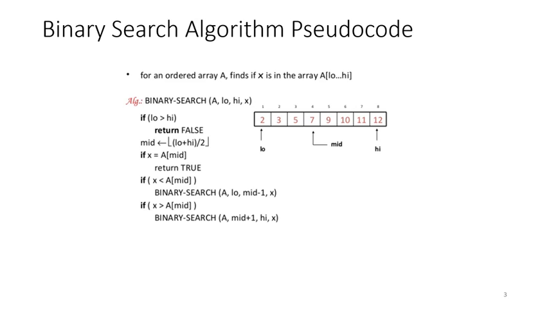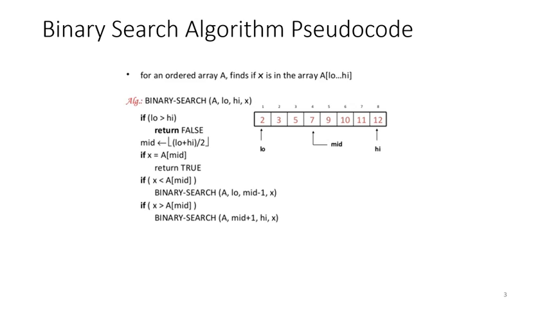As you see in the illustration on the right hand side, there are numbers like 2, 3, 5, 7, 9, 10, 11, 12. So this is an ordered array, and the midpoint is at 7, the low point is at 2, high point is at 12.